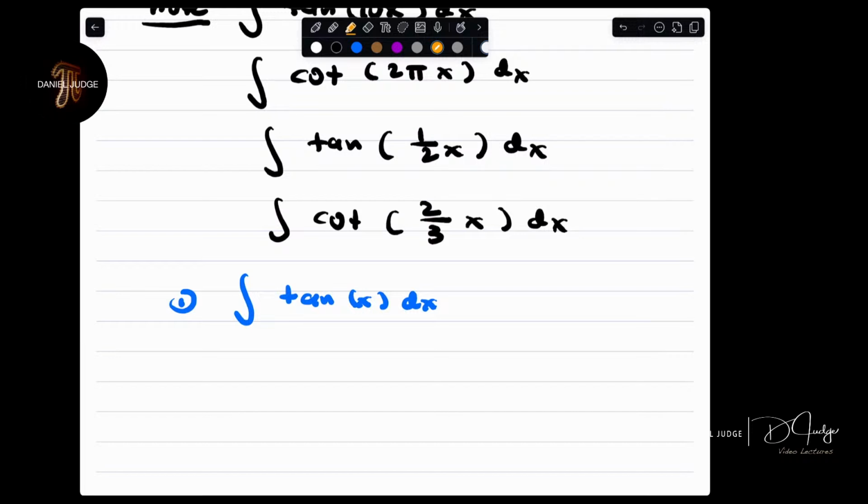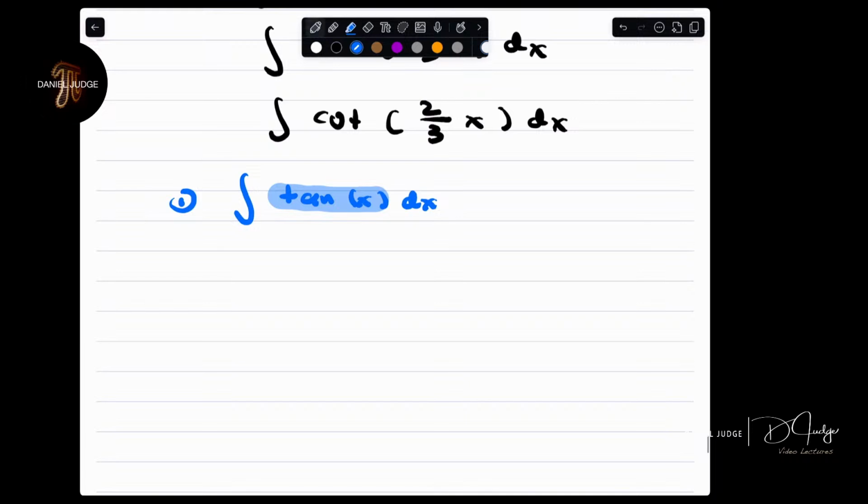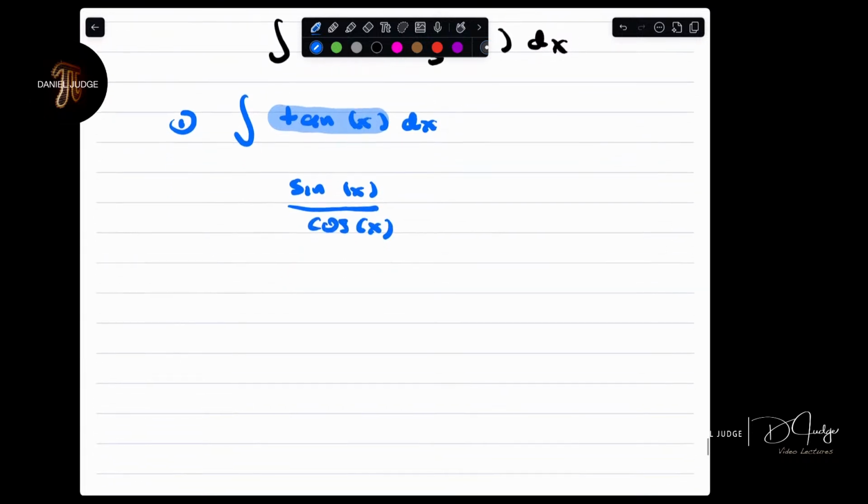And how you do that is you replace tangent with the sine over cosine identity. So tangent's going to be written as sine over cosine.